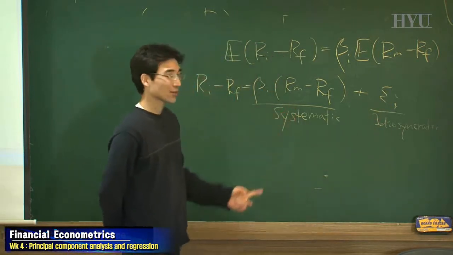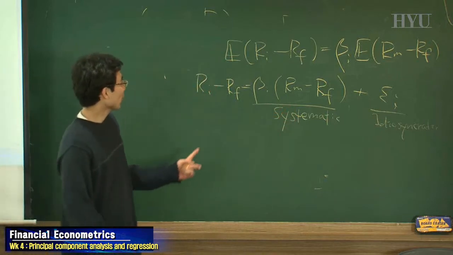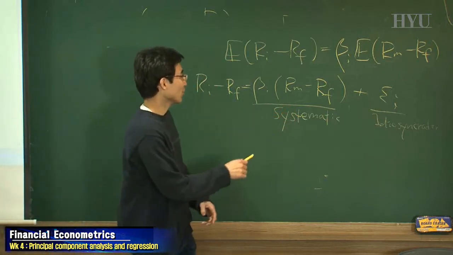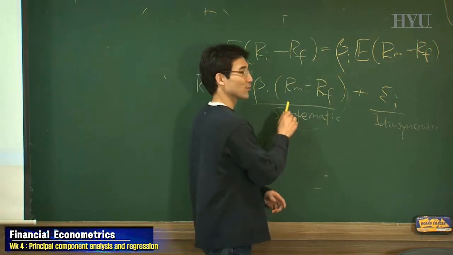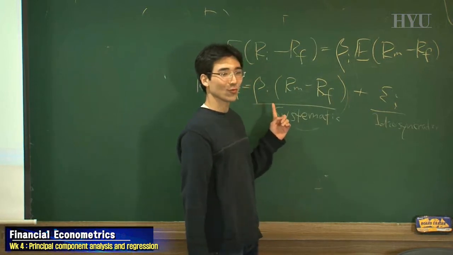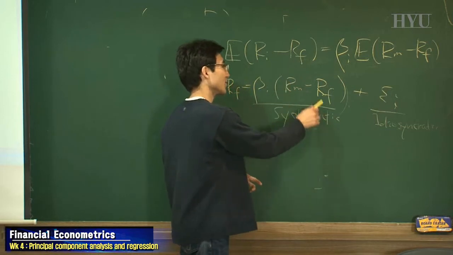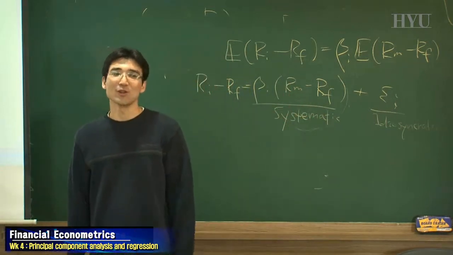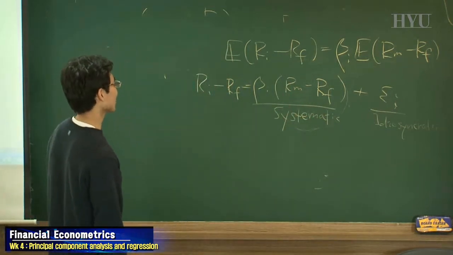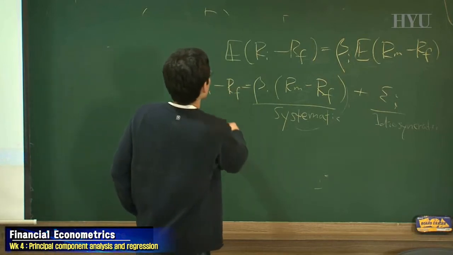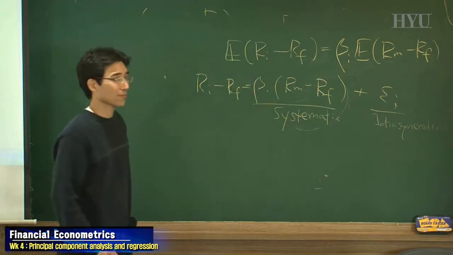But this systematic part you cannot get rid of, because for all assets, whatever i you have, you all have this part. However many assets you have, basically you cannot get rid of this part because it affects everything. So first, you can decompose the excess return of an asset into systematic and idiosyncratic parts.